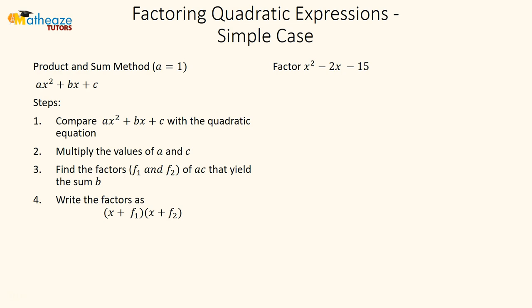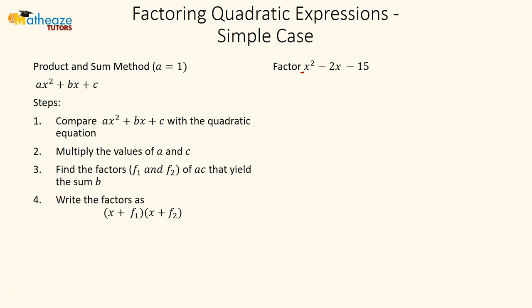Now we're going to look at the product and sum method for instances where a, which is the coefficient of x squared, the number to the left of x squared, must be 1, which means for the most part there's no number there. So here's how the product and sum method works.